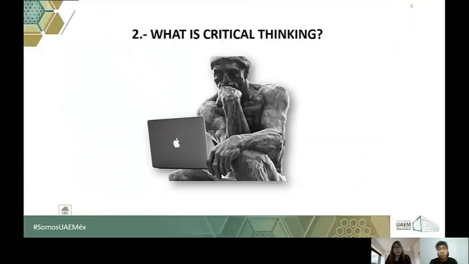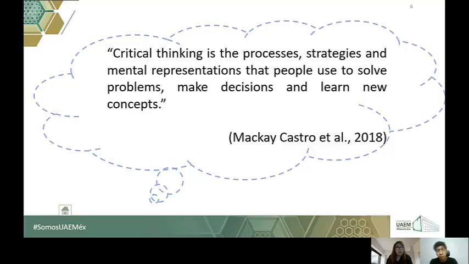What is critical thinking? But then, what is critical thinking? It is the processes, strategies, and mental representations that people use to solve problems, make decisions, and learn new concepts.